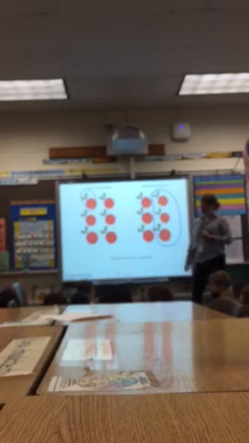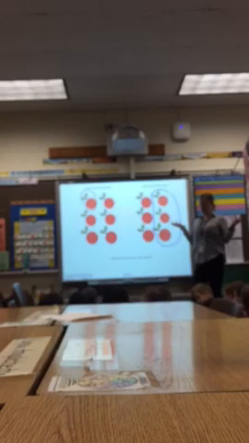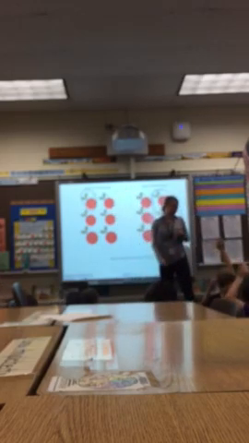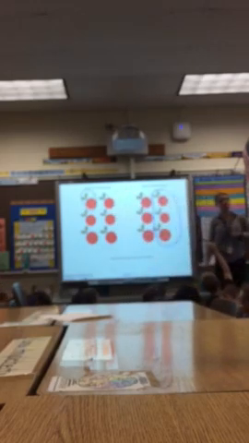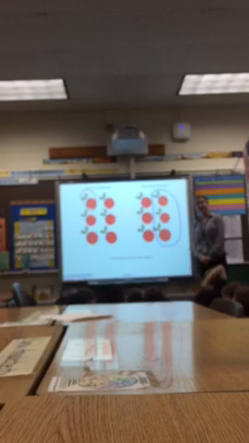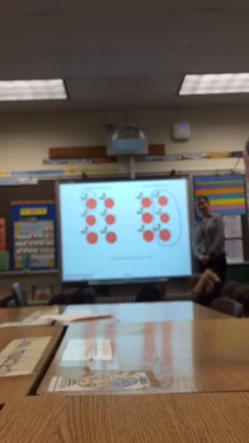Trinity? 1/6. Why does 1/6 have less apples? That's something new. 1/6 has less? Why? That's a bigger number on the bottom. Willa? Because there are more groups, so to divide them equally, there has to be less than 1/2, which has only 2 groups.